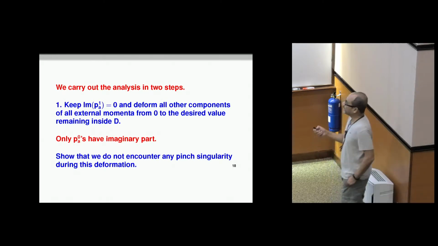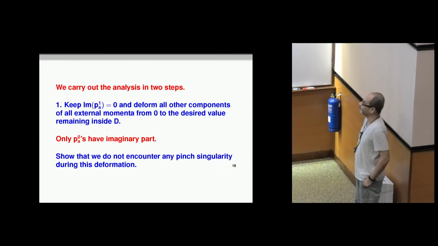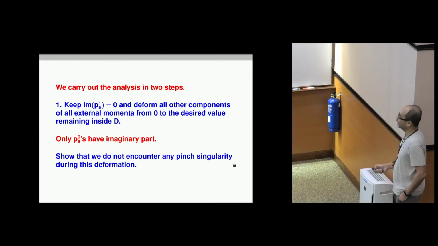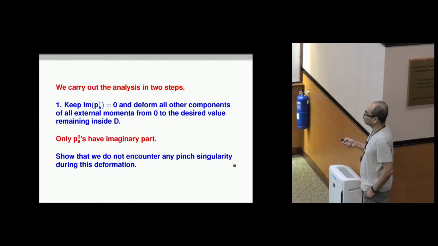So in this part of the deformation, only the 0 component has an imaginary part, because we are allowing only the 0 and 1 components to have imaginary parts, and we are keeping the imaginary part of P1 at 0. The idea is that we will first show that during this deformation, we do not encounter any pinch singularity on the way.